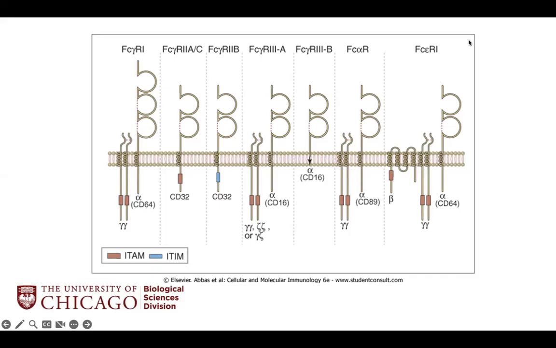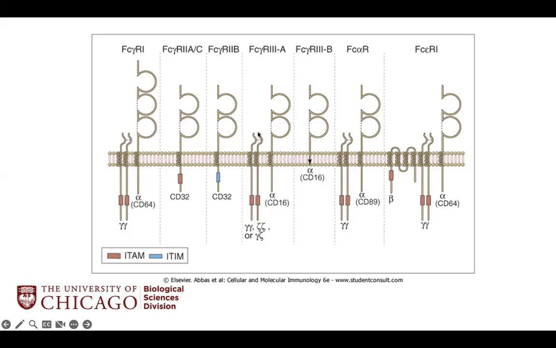So Fc epsilon R1 binds the Fc part of IgE, and R1, this is the strongest Fc receptor. You can see that it has an alpha chain, two gamma chains, a beta chain, and it has ITIMs on the beta and gamma chains.